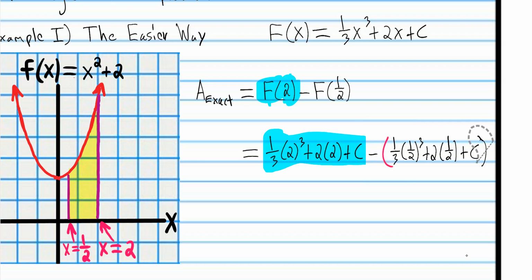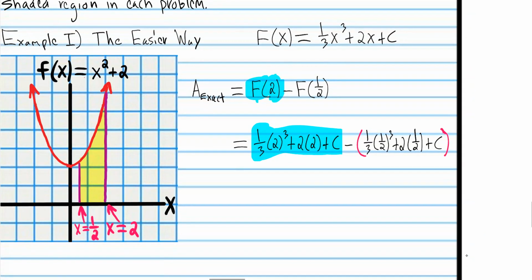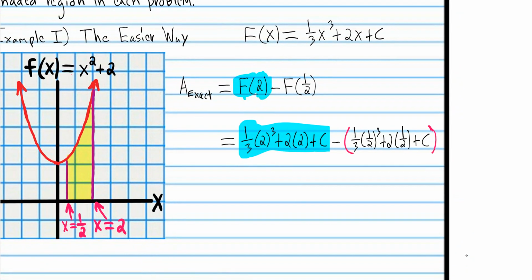They stand out. You see those pink parentheses? I'm going to tell you something. If you don't write those parentheses, you're going to have a big problem. We're subtracting all of that. You need to understand that we're subtracting all of that. It's very, very common for students to have sign issues with this, so be careful.